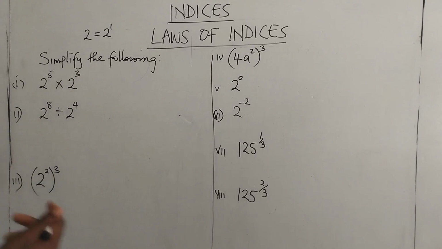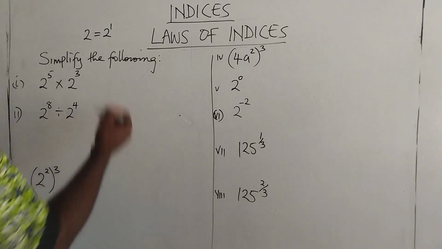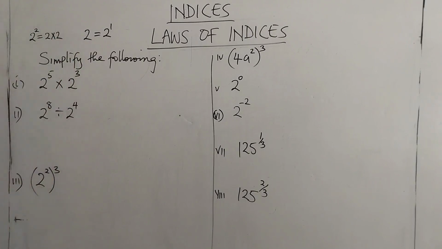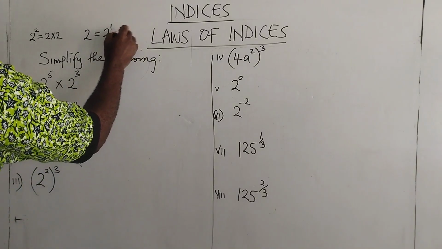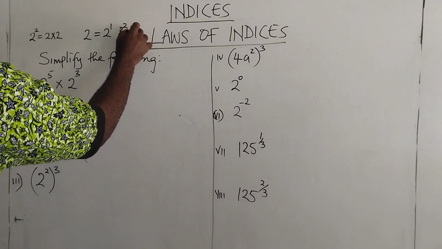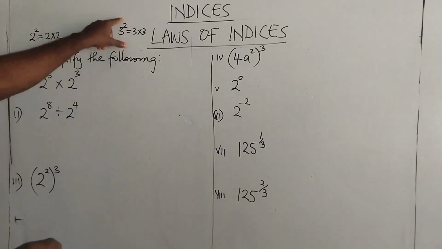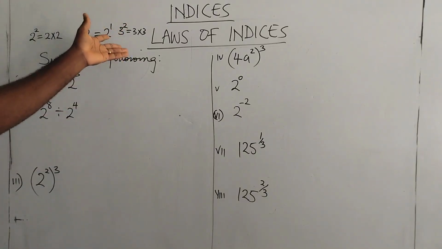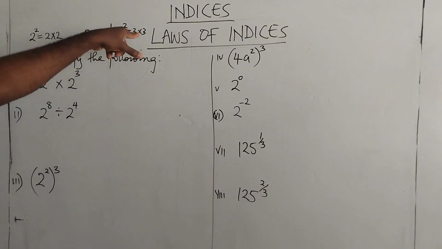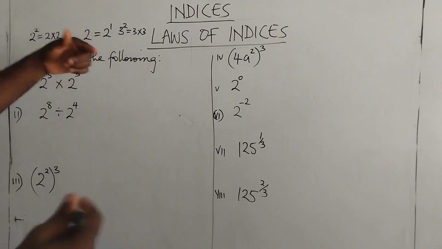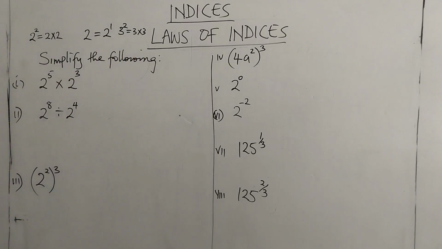Now, I want you to also know that 2 raised to power 2 is the same thing as writing 2 times 2. 3 raised to power 2 is the same thing as writing 3 times 3. So 3 raised to power 2 does not mean 3 times 2. It's 3 times 3, the number multiplying itself to the power.